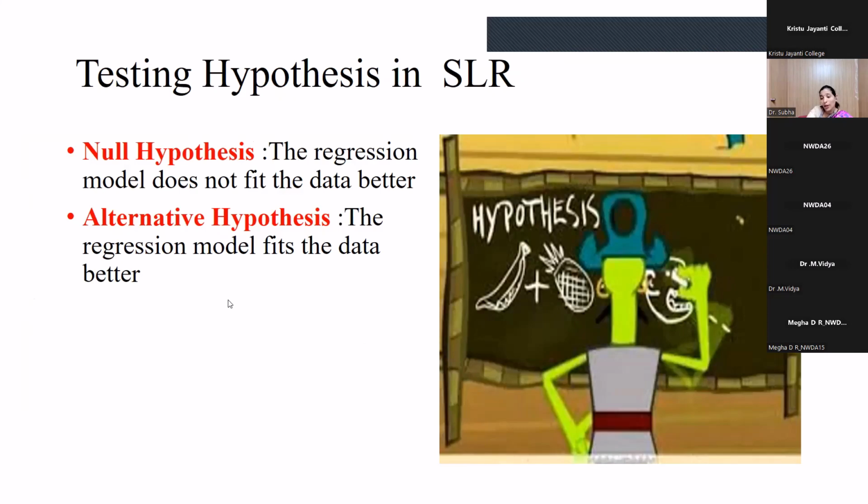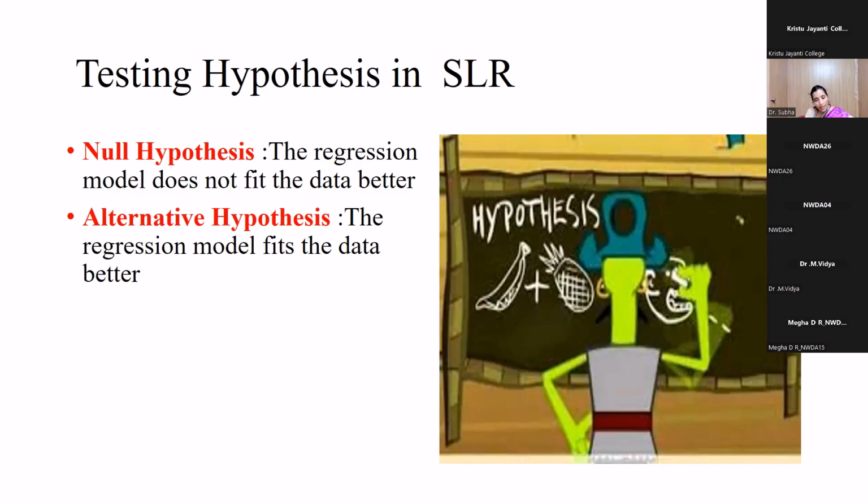You are going to create a regression line with the help of this SPSS tool, and you are going to see whether the model perfectly fits the data or not. How will you be able to see? Through the ANOVA table result, you can see whether the regression line which you have analyzed is perfectly fitting the model.